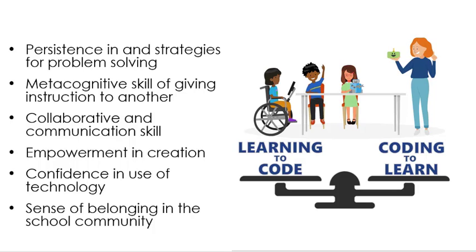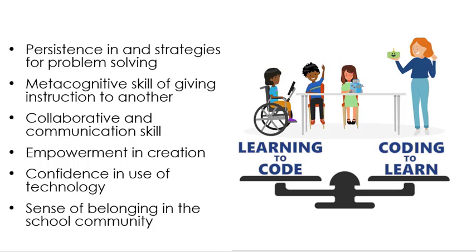The development of collaboration and communication skills will support this group of students both at school and in the community today and in the future. And they also benefit from the empowerment that results from creating something independently. And they need lots and lots of practice using technology, which will continue to be an enabler for them.